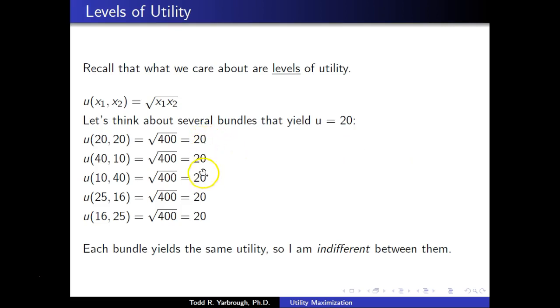All of these bundles are certain amounts of x1 and certain amounts of x2 which yield me the same level of utility. So all of these bundles yield for me 20 units of utility. Okay. So I am indifferent between them. If you gave me these 5 bundles and said pick the one that yields you the highest level of happiness, I couldn't, because I literally am indifferent between them. They all yield for me the same level of happiness.